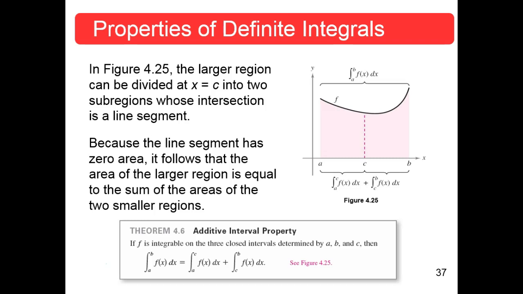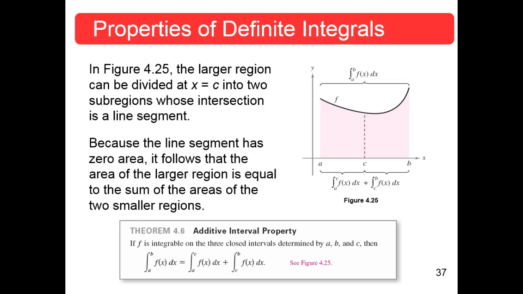If f is integrable on the 3 closed intervals determined by a, b, and c, then the integral from a to b, f of x dx, is the integral when they have this relationship. They really needed to say that a is less than c is less than b.